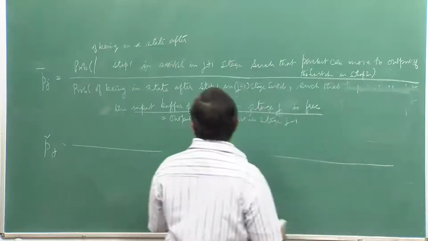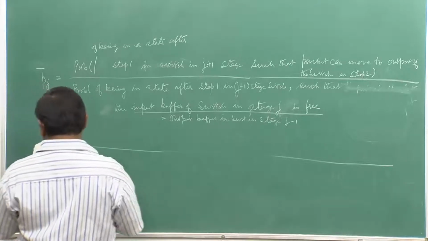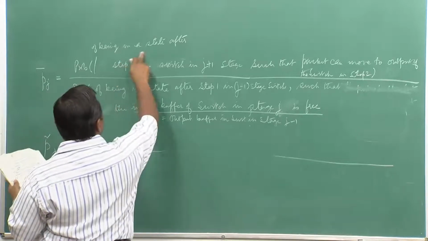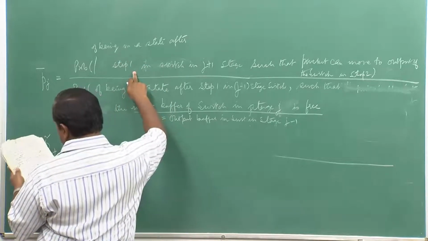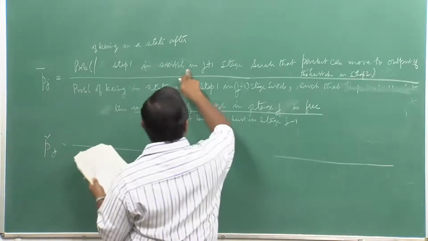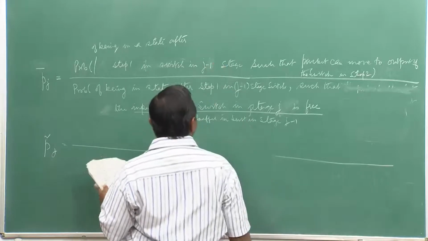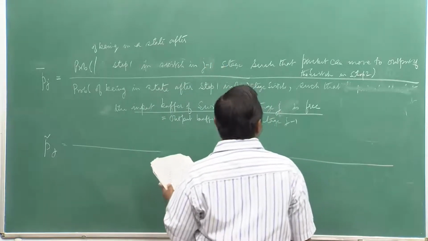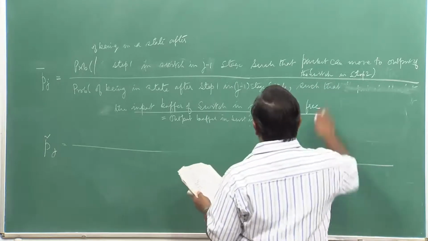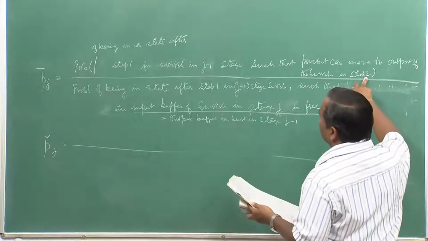This boundary condition will also change. So the denominator I have corrected. So for Pj bar, the probability of being in state after step 1 in switch in j minus 1 stage such that the packet can move to the output of this switch in step 2.